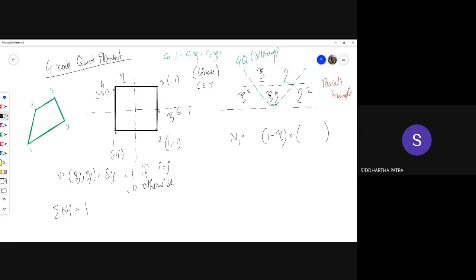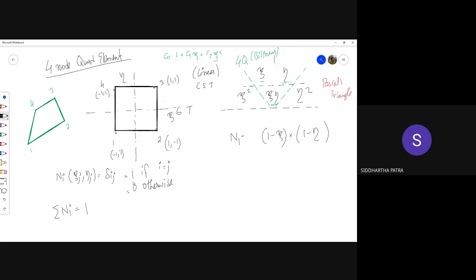Can you see this? Yes, sir. Now think of line 3, 4. What is the equation of the line 3, 4? Eta equal to 1. So if I put 1 minus xi times 1 minus eta, it is 0 on both the lines.